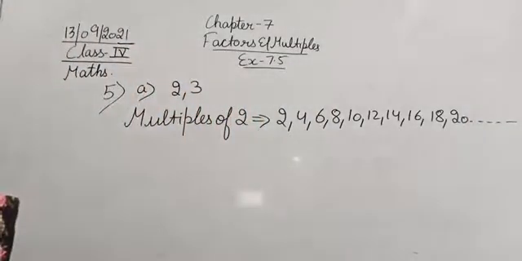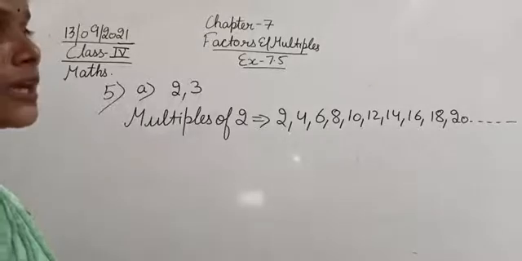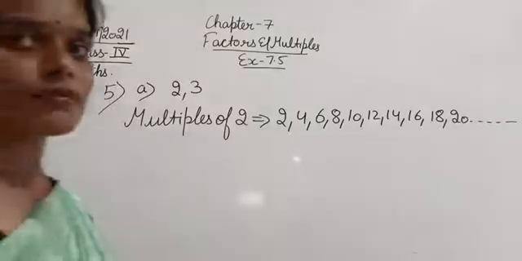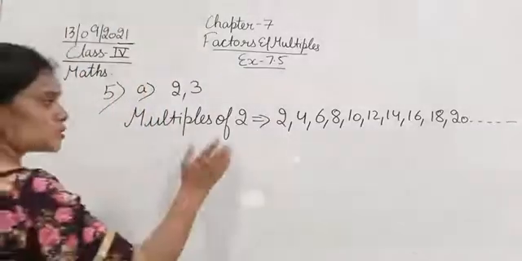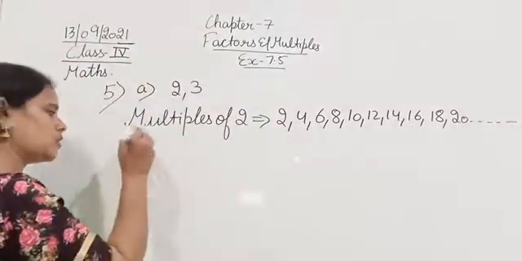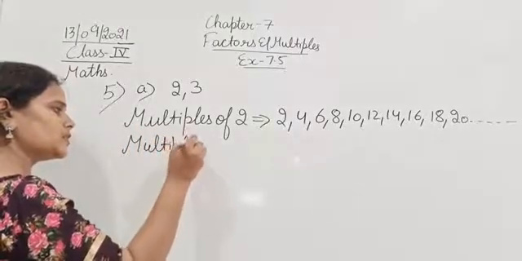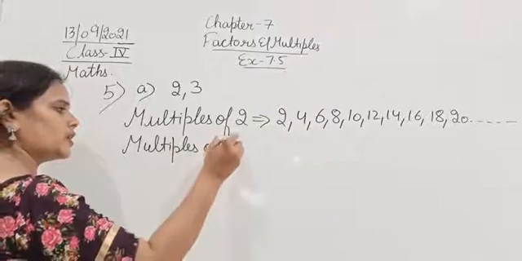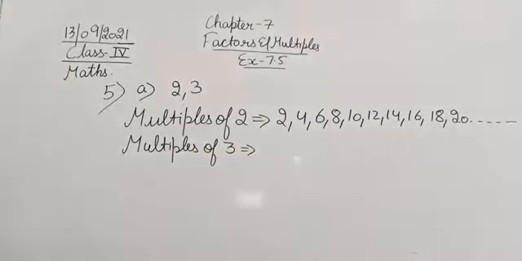So these are the multiples of 2: 2, 4, 6, 8, 10, 12, 14, 16, 18 and 20. Next, multiples of 3. Now we have to find the multiples of 3.